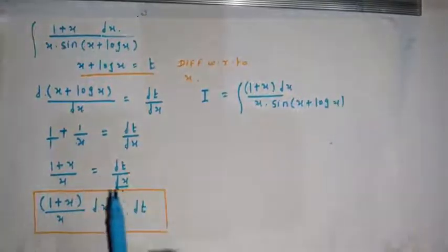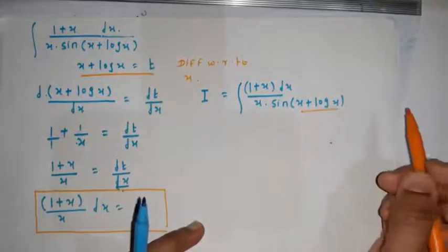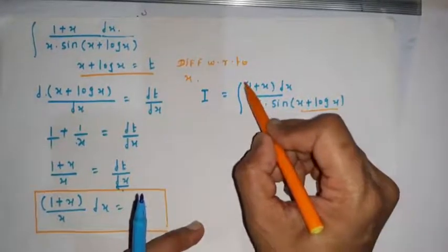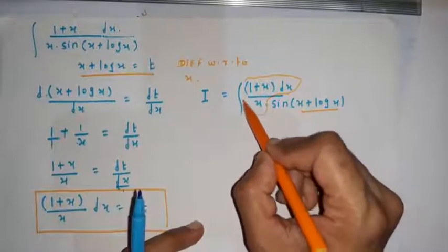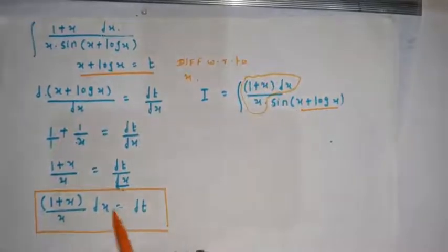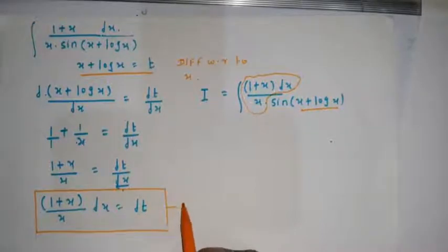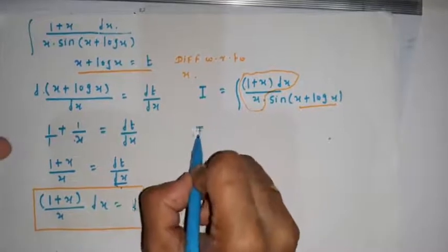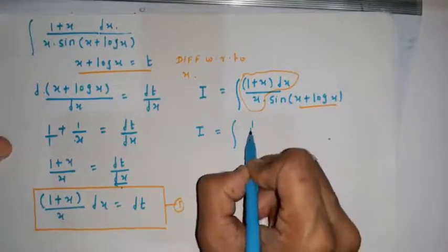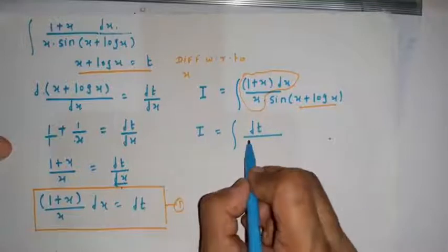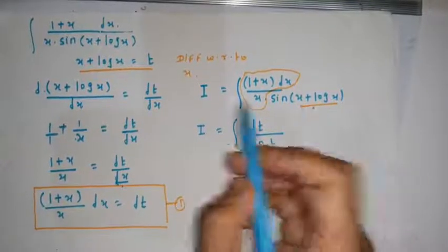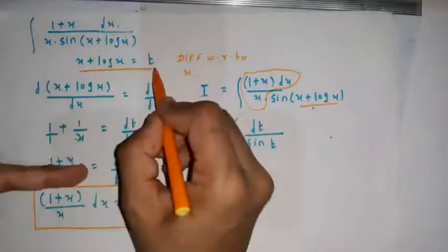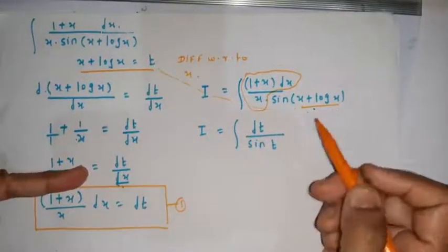We have given the substitution t to x + log x, and (1 + x) dx upon x is the value of dt from above. Hence I equals the integral of dt upon sine of t. This is the value of t from here.